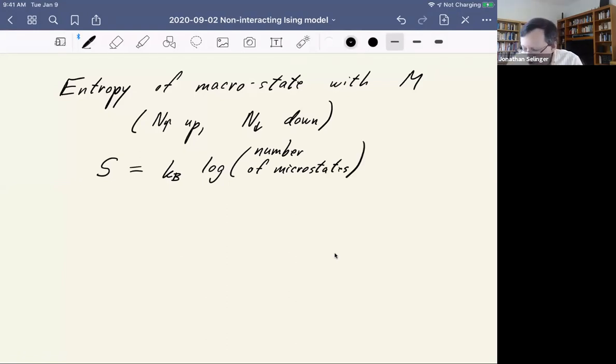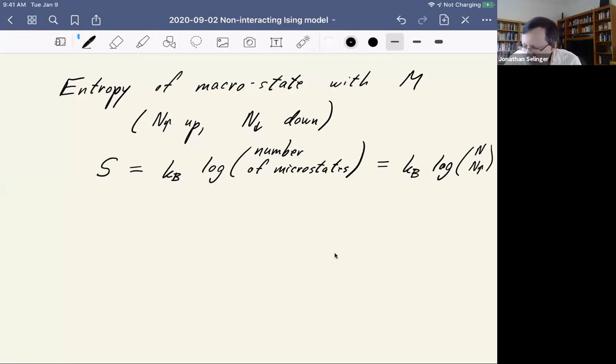When we apply that to this problem, it tells us that the entropy is Boltzmann's constant times the natural log of this binomial coefficient, n choose n up.